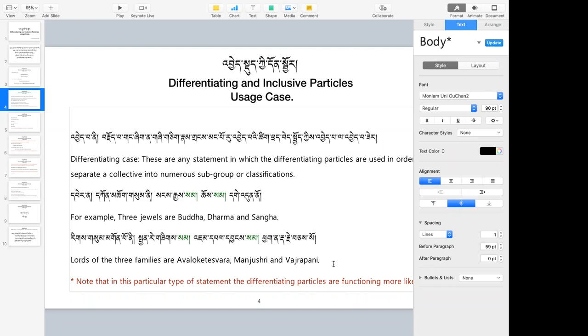Second, the particles used for separating these groups are the particles of the differentiating case. Since both criteria are fulfilled, we consider both of these statements to be the usage case of the differentiating case.